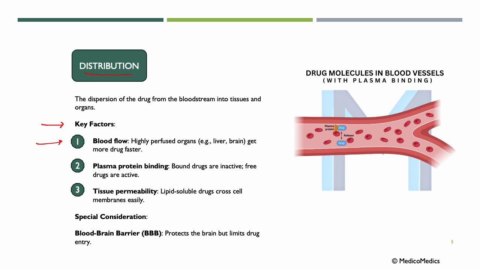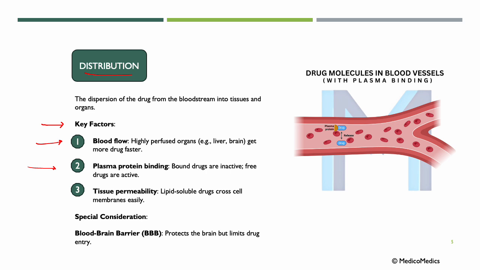First one is blood flow. So organs with high perfusion, like the liver and the brain, receive more drug more quickly. And the reason for that is because they have a rich vascular supply that delivers large volumes of blood per minute.